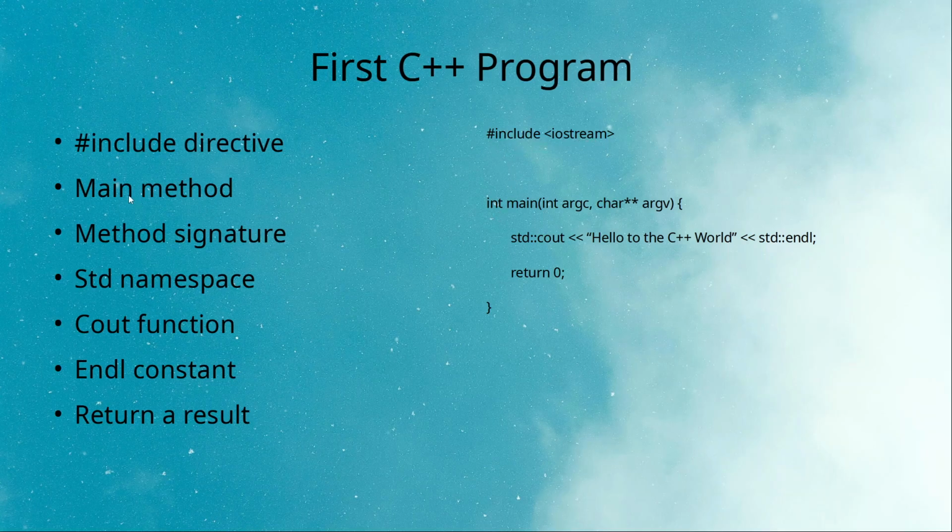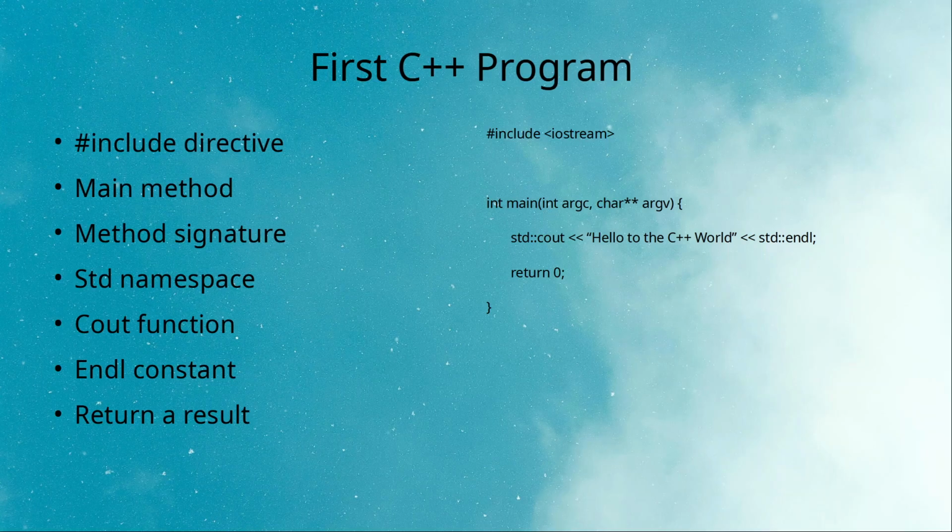And then the second item is the main method. Okay, C++ programs are made of methods. A method, you can think of it as a paragraph of commands, a sequence of commands, or a group of commands.